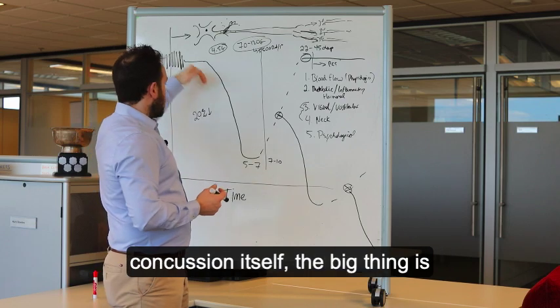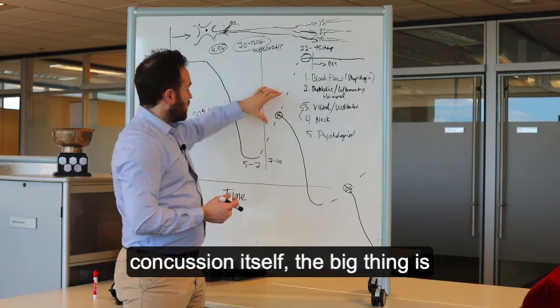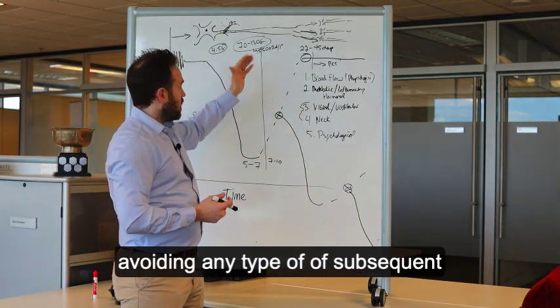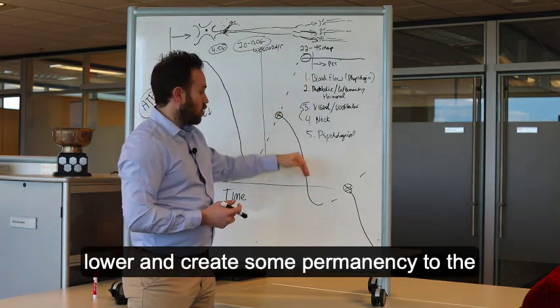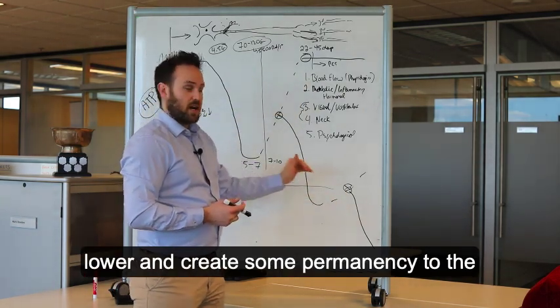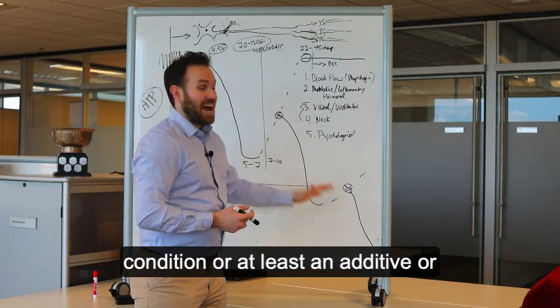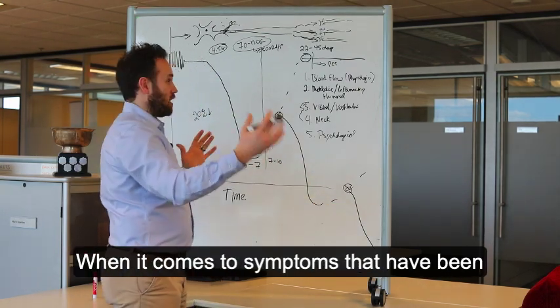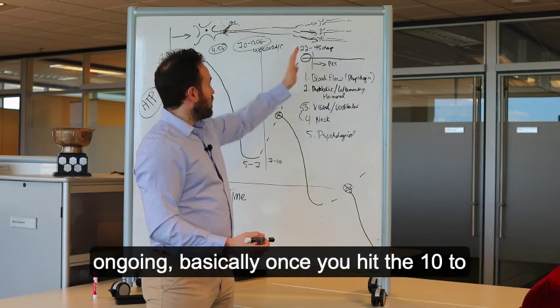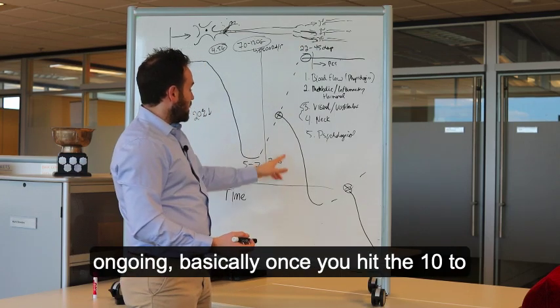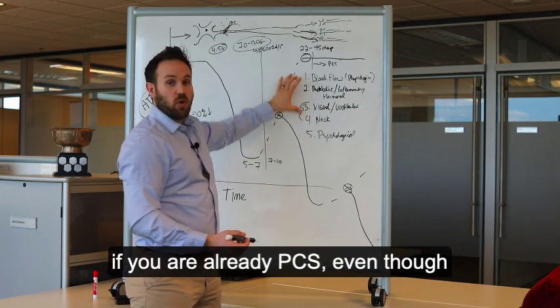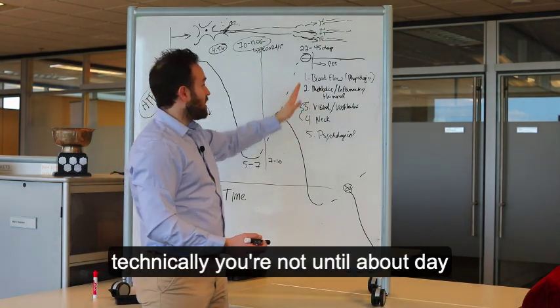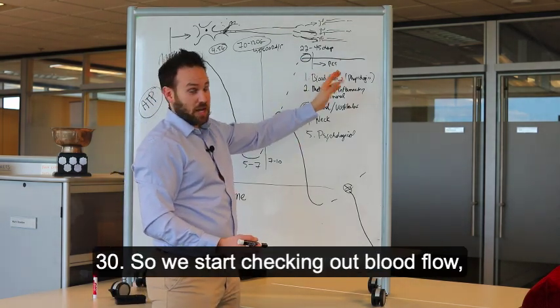When it comes to concussion itself, the big thing is avoiding any subsequent injury that may drop your energy levels lower and create some permanency to the condition, or at least an additive or cumulative effect and a longer recovery. When it comes to symptoms that have been ongoing, once you hit the 10 to 14 day mark, we start looking at you as if you are already PCS, even though technically you're not until about day 30.